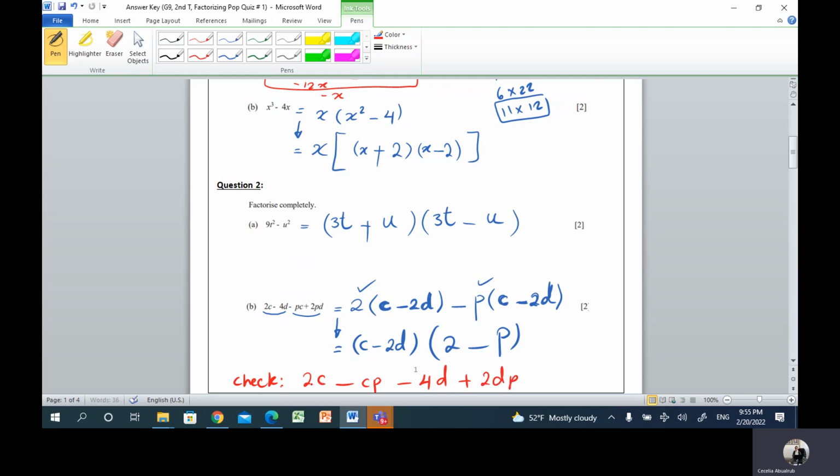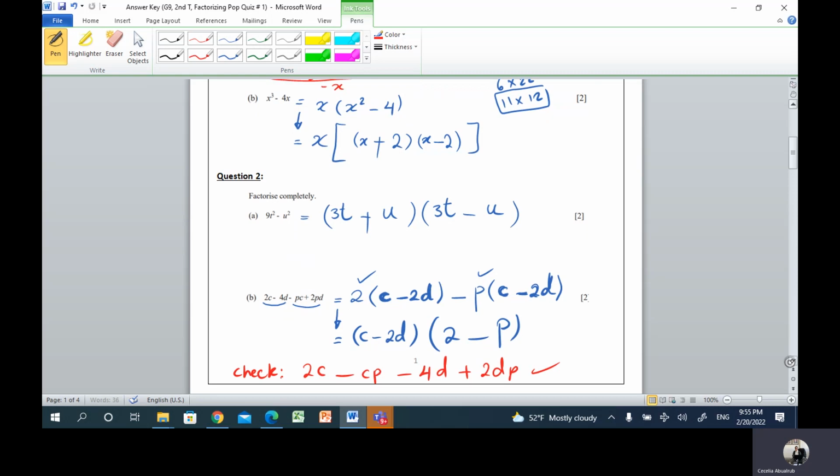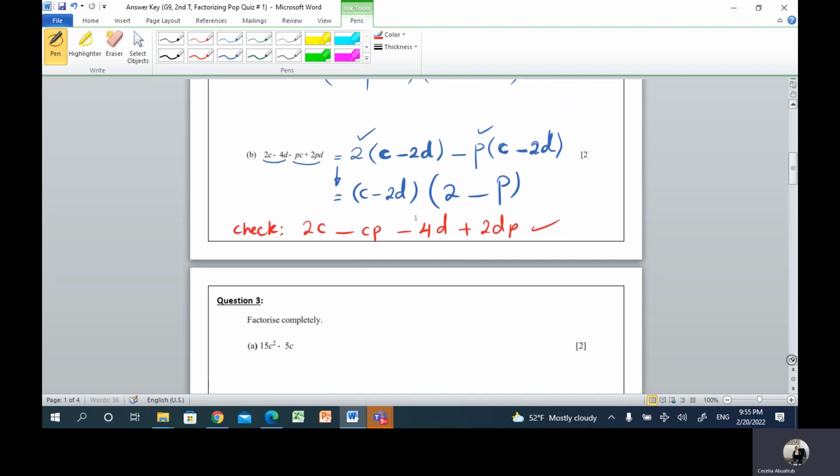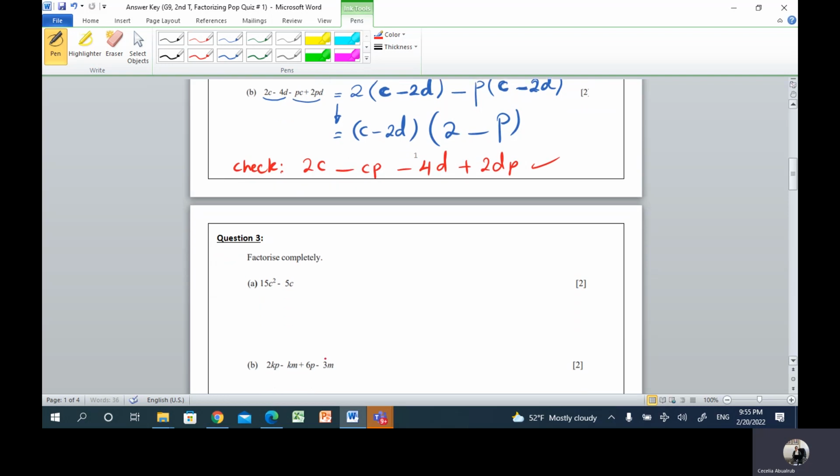And if you check, we have the 2c, we have negative pc or cp, we have negative 4d, and we have plus 2dp or 2pd. So this is equal to the original expression that is given in the question, which means that our factorizing is correct. Let's go to the next factorizing problem.